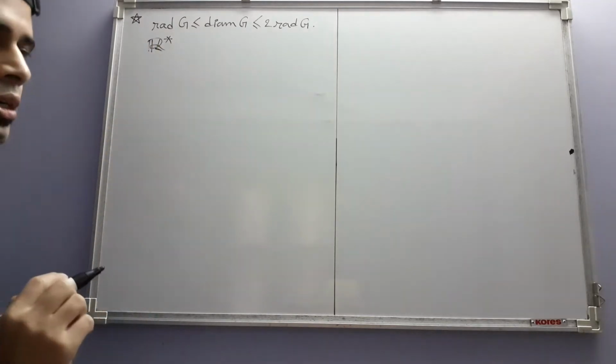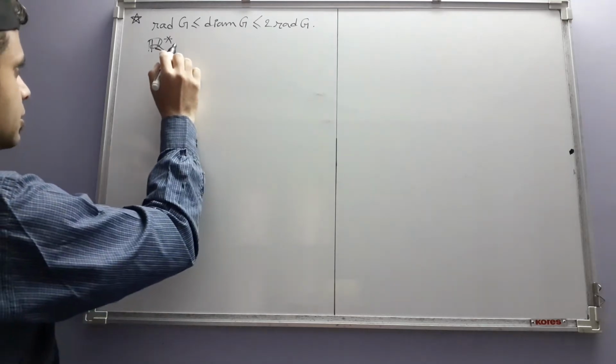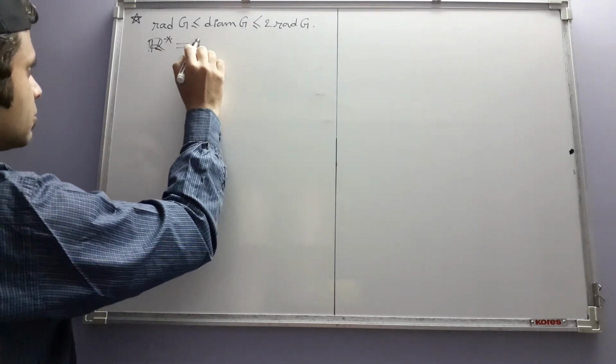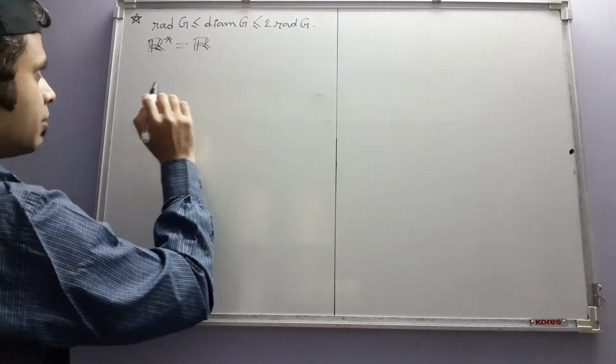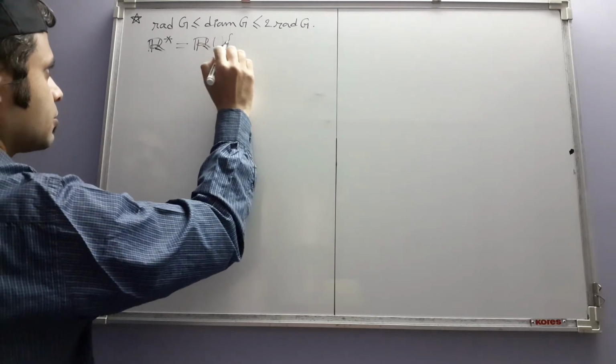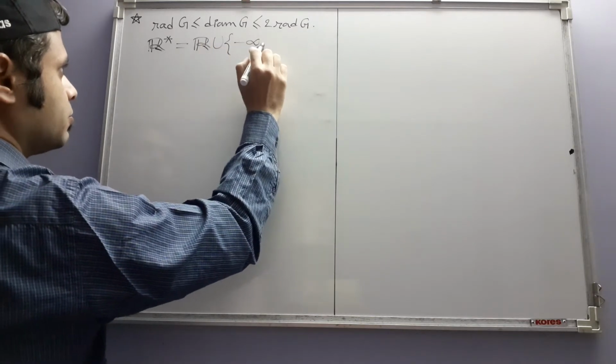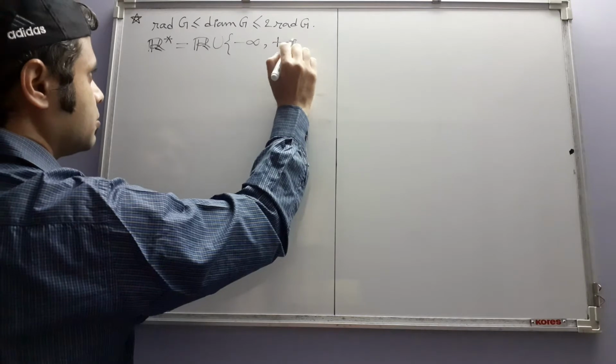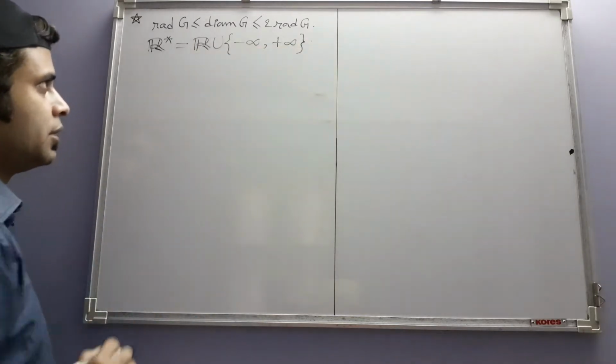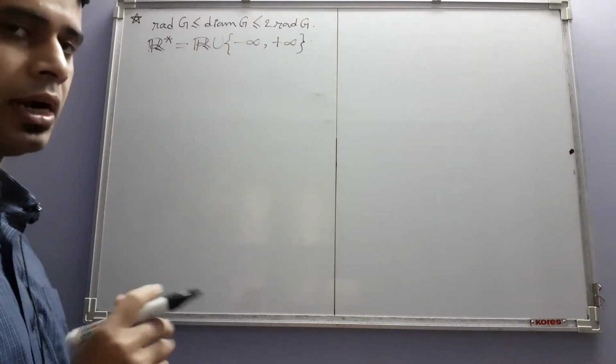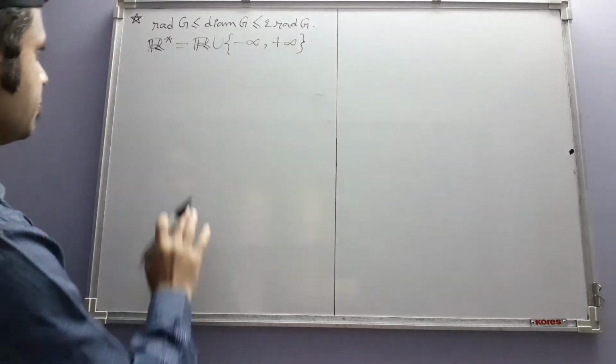extended real number system, which is the set of real numbers along with the two symbols minus infinity and plus infinity, which are not real numbers.